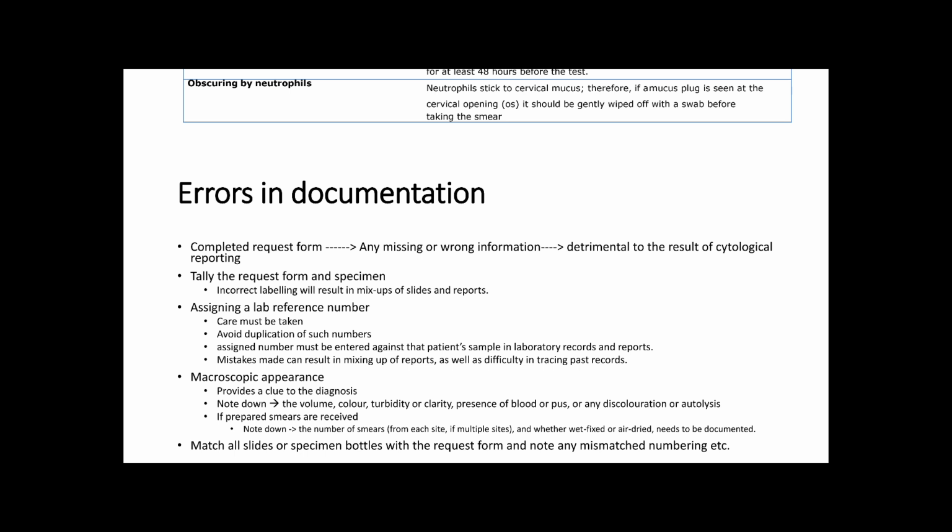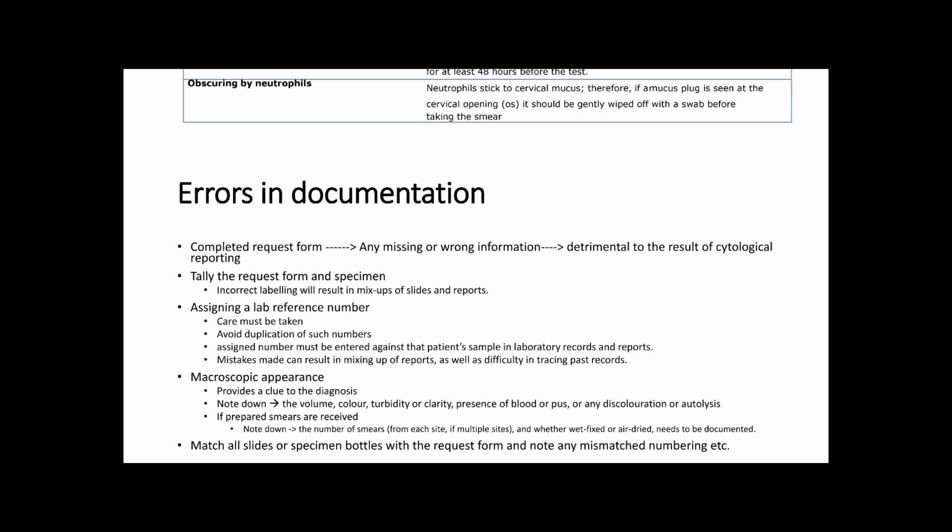So these are the errors during the collection, right? So the American College of Obstetricians and Gynecologists has a guideline for proper cervical smear taking, so we can follow that one.